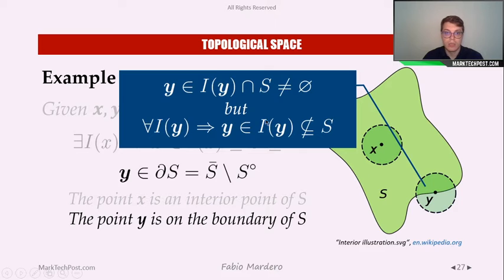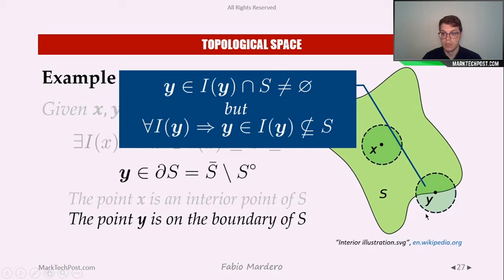Now take a look at the closure. So Y is an adherent point if for every neighborhood of Y, we can always say that the intersection between its neighborhood and S is not empty. Well, that's pretty straightforward.